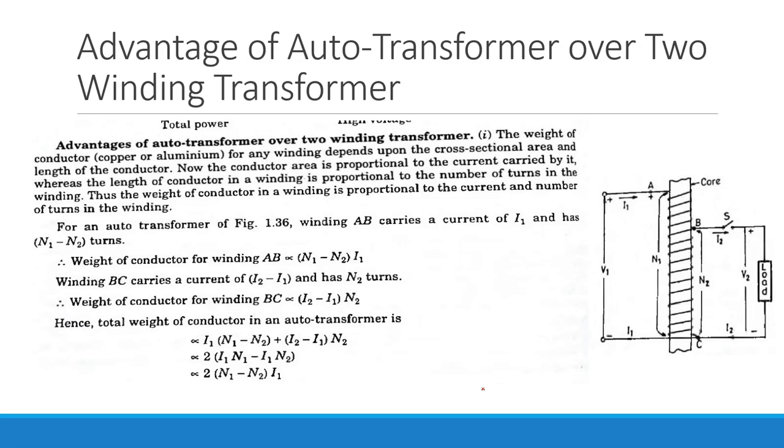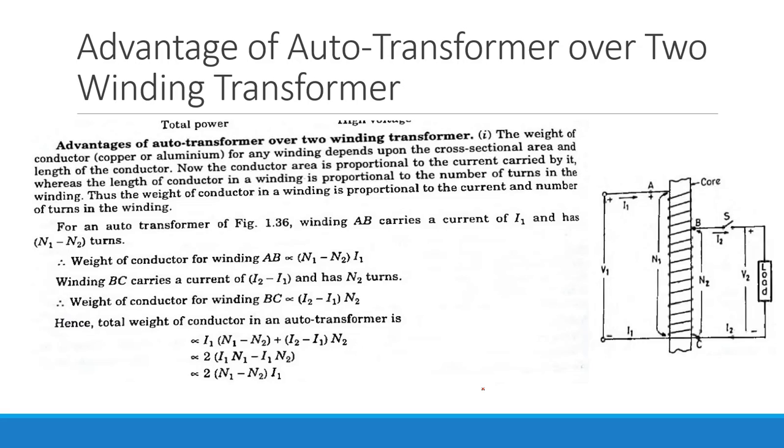So transformer can have winding of copper or aluminum. So we are going to consider the weight of conductor for any winding. Basically it depends upon cross sectional area, that is one factor. The other factor is length of conductor, and the conductor area is basically proportional to the amount of current which the winding is carrying.